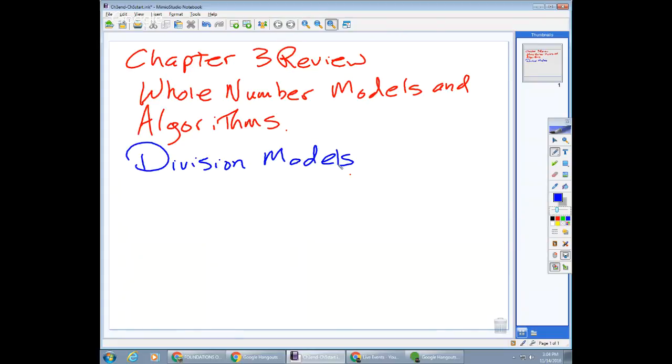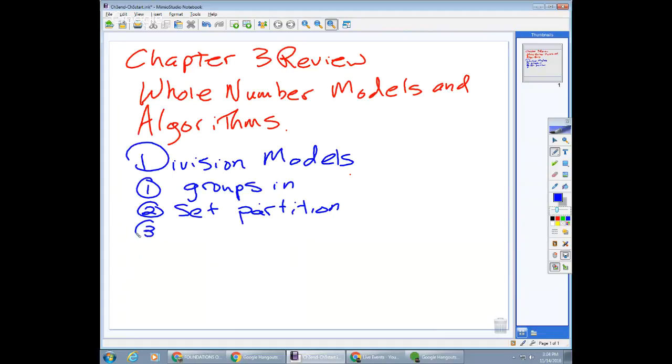So we had 4 different division models. One was groups in, 2 set partition, 3 repeated subtraction. There's no special order here.